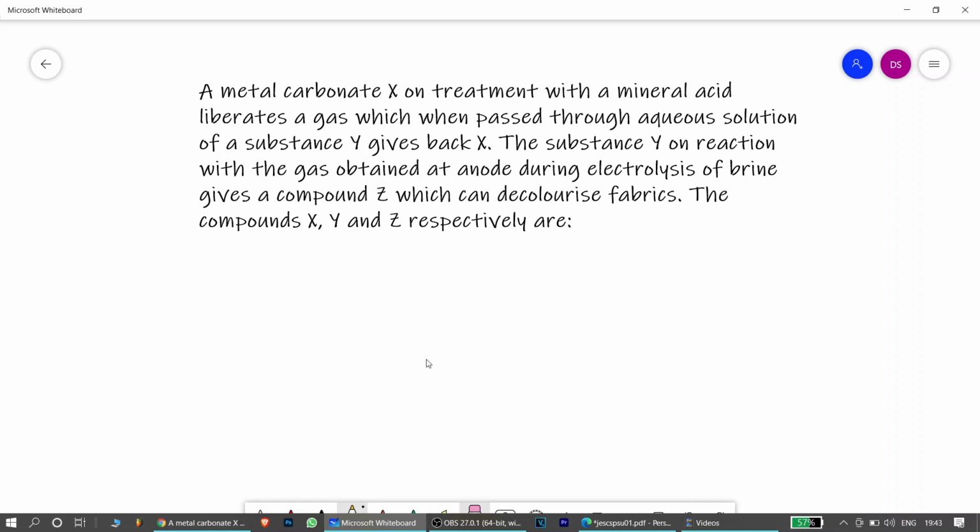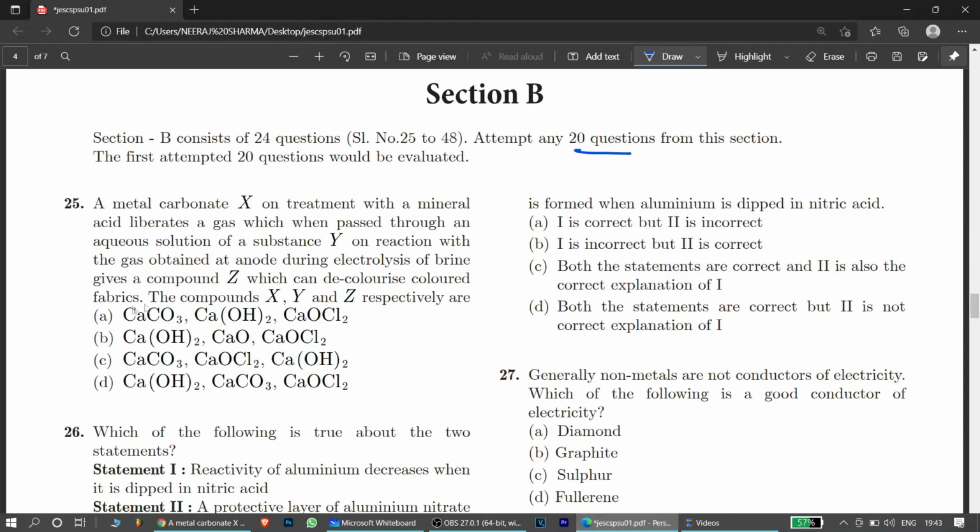The compounds X, Y and Z respectively are? The options given here are A, B, C and D. Now the question itself says X is a metal carbonate. That means it cannot be option B or option D. Now we have two options, option A and option C.